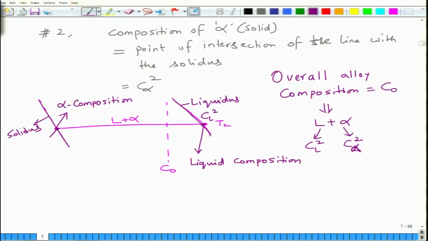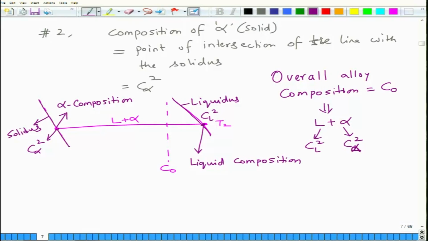So, you have two phases, but the two phases have different amounts of solute in them. One has C naught percentage of solute, one has Cl2 percentage of solute, another has C alpha 2 percentage of solute.